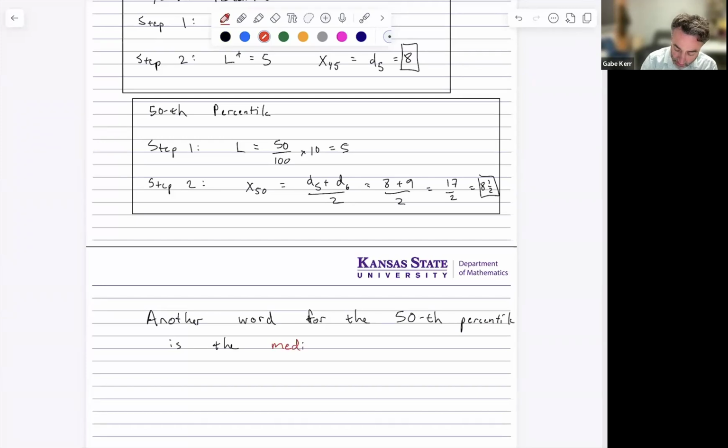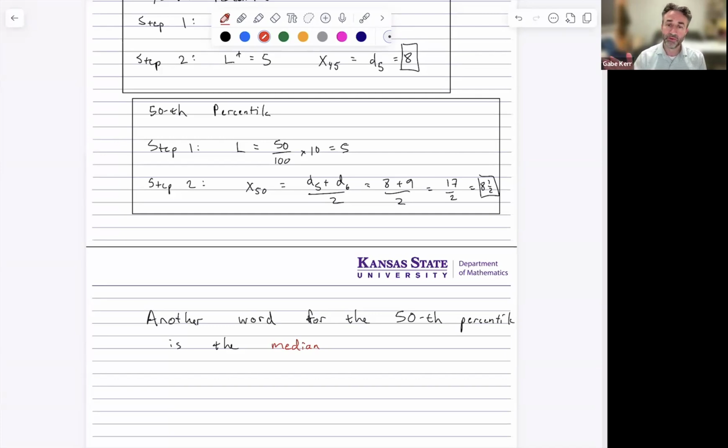And many people that haven't taken 160 or a stats course confuse the mean or average with the median. Those are two different numbers typically, not always, but typically. And they sort of mean different things. As we saw last time, the mean or average is sort of that center of mass.